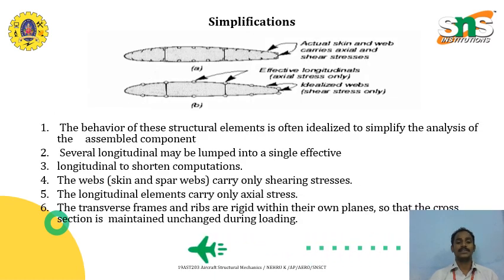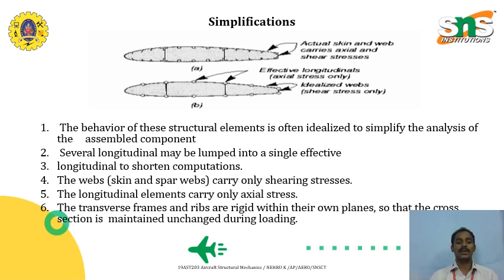This is a simplification of the elements, called structural idealization. Due to the axial stress in the idealized structure, the behavior of the structural element is often idealized to simplify the analysis of the assembled component. Several longitudinals may be lumped into a single effective one, which shortens computation.